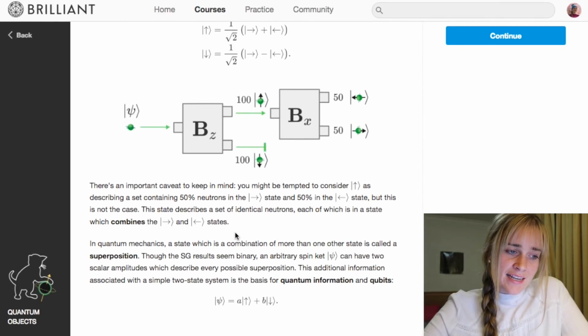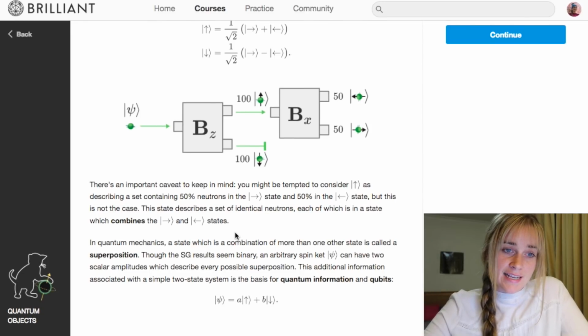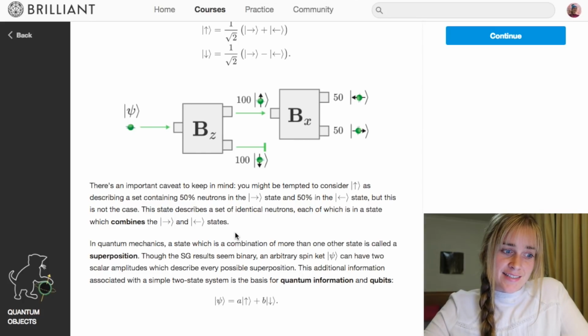So they're not saying that 50% of the neutrons that go through are in one state or the other. They're saying that every neutron is in both of the states. They're in a superposition of both of the states. That's a quantum mechanics word, which means you are a combination of more than one thing at the same time.